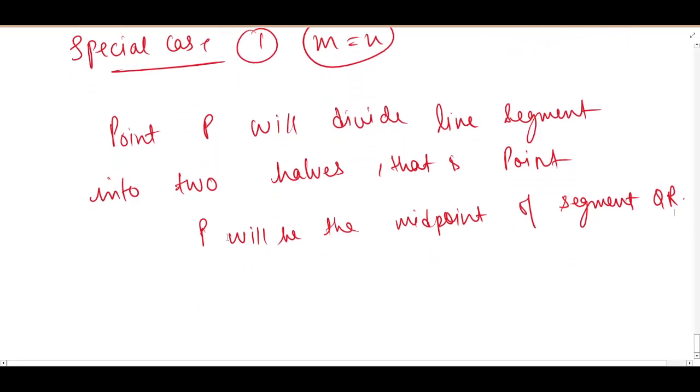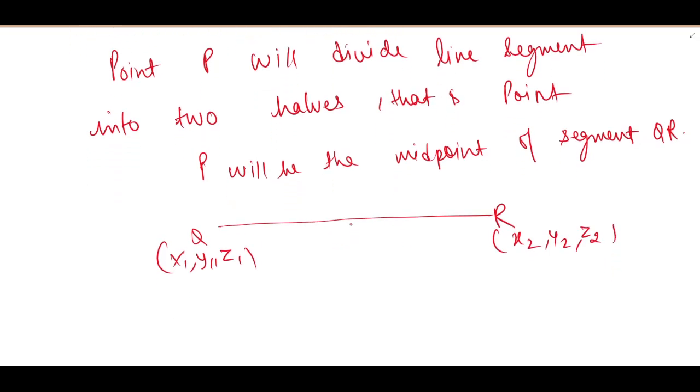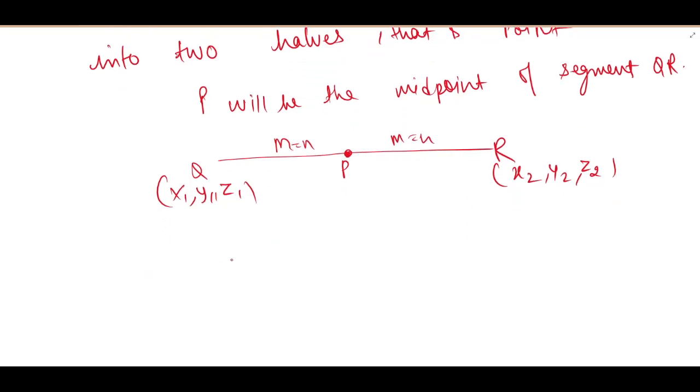That is, if this is a line segment QR, and Q is (x1, y1, z1) and R is (x2, y2, z2), then point P will be at the midpoint of QR. So m is equal to n. Therefore, the coordinates of point P will be: xp is equal to (mx2 plus nx1) divided by (m plus n), where m is equal to n, therefore (x1 plus x2) by 2.